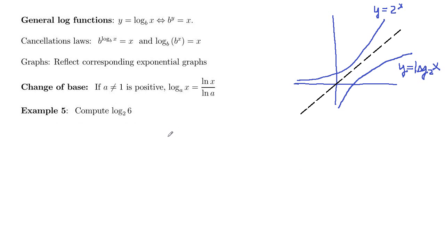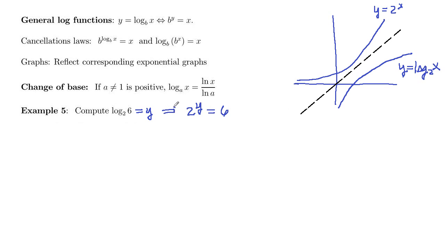And then how do we evaluate logs in different bases on your calculator? So for example, what if you wanted to evaluate log base 2 of 6? That's the exponent on 2 that gives 6. So in other words, if this is equal to our y value, then the exponential form is that the output here becomes the input, so 2 to the y, and the input 6 becomes the output.